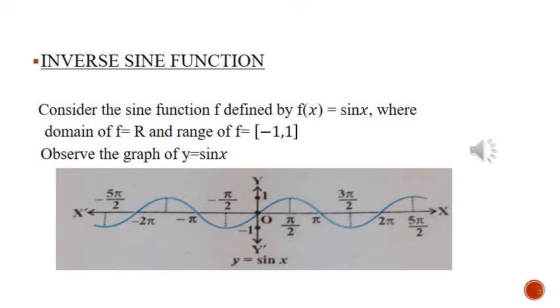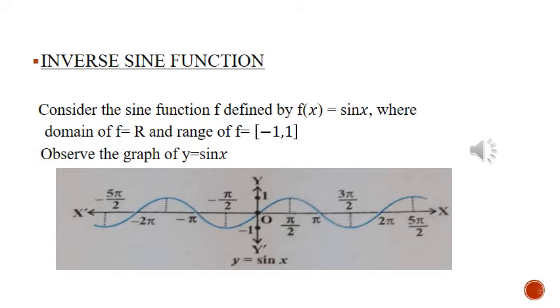Again, observe the graph carefully. When x is equal to -3π/2, sin(-3π/2) is positive 1. When x is π/2, sin(π/2) is 1. When x is 5π/2, sin(5π/2) equals 1.